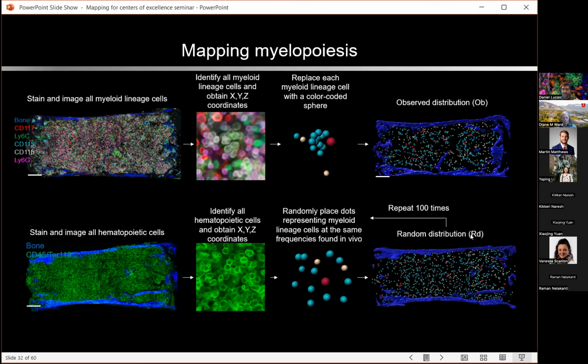And if we do this 100 times, these random distributions become normal, and you can truly compare whether two cells that are close to each other are closer than predicted from random, or farther than predicted from random, allowing you to truly interrogate cell localization in an unbiased manner.